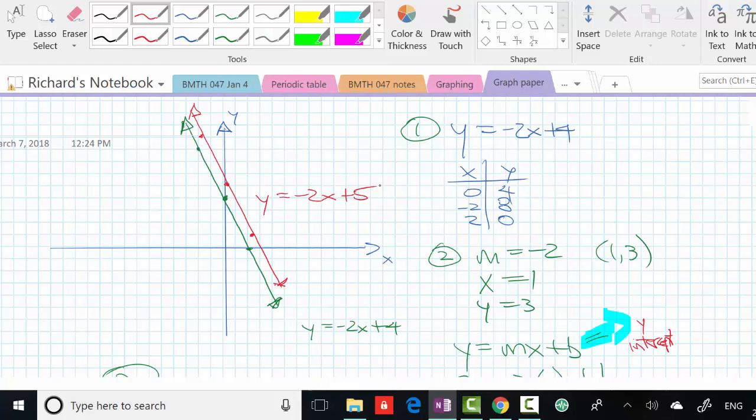Equation number 1 has a y-intercept of 4, right there. There's the y-intercept for equation number 1.